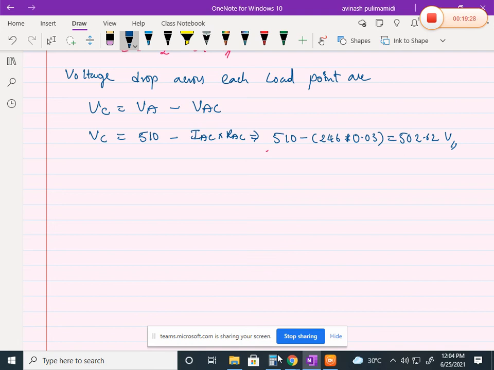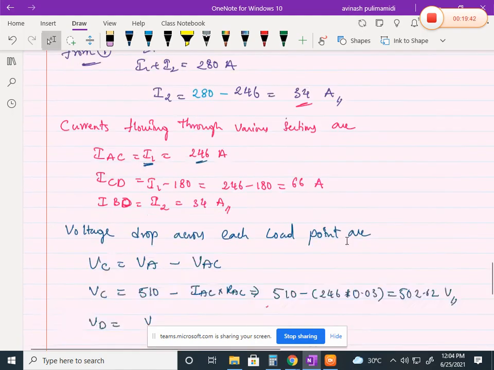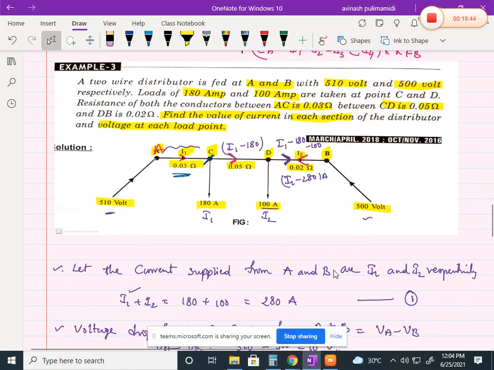Similarly, voltage at point D. How to find the voltage at point D?